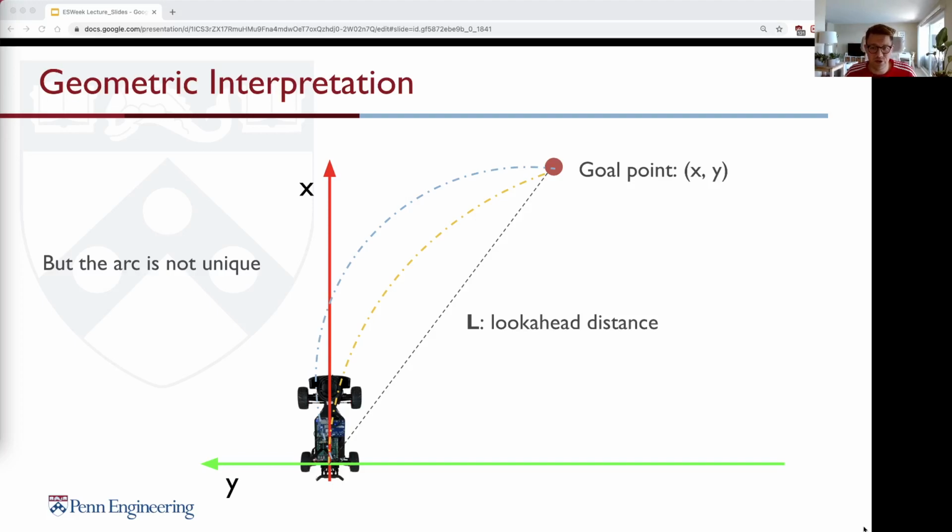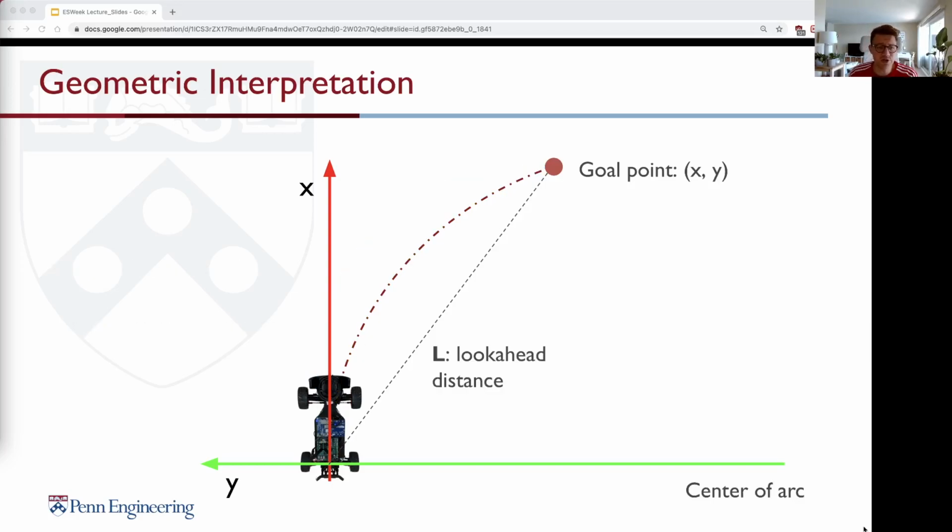You may come to different solutions to get to this point, but we say the main problem here is that this arc is not unique. You may also come up with ideas like we just try to follow the shortest arc, the arc that has the lowest curvature, or the arc that has the lowest travel time, but this is too complicated and creates a lot of computational overhead.